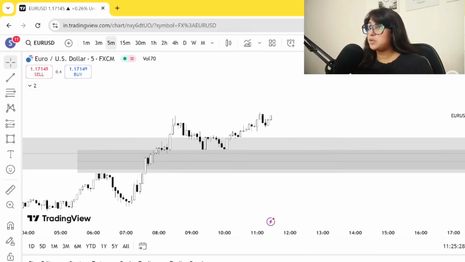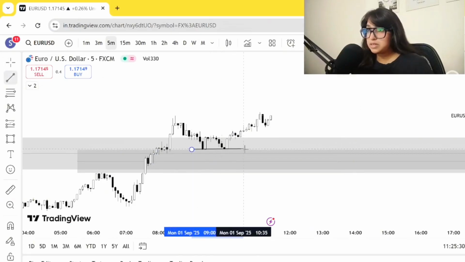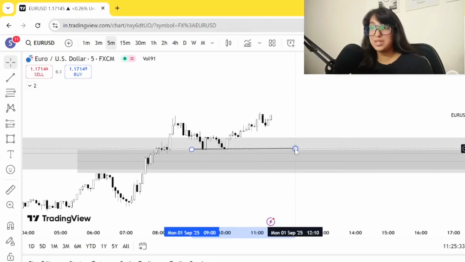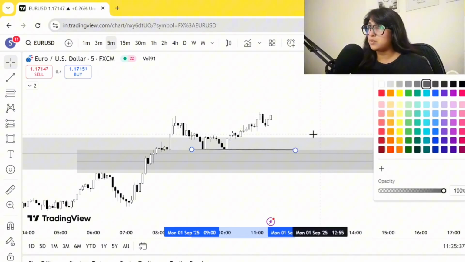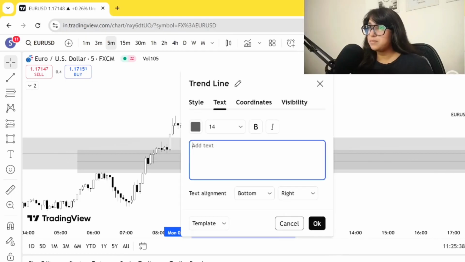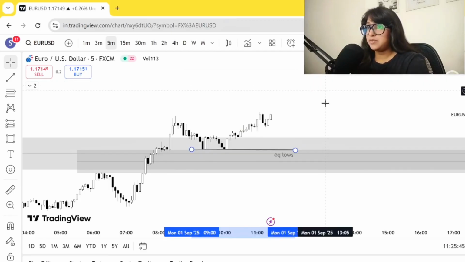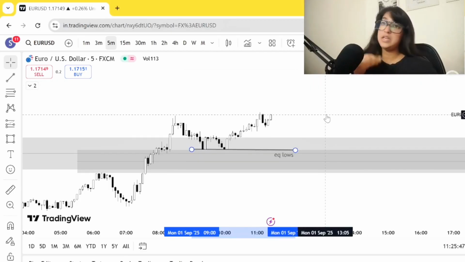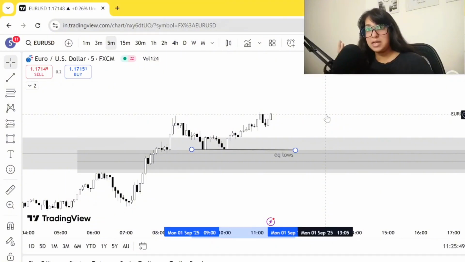Why I said retracement: because these are liquidity zones that are untapped right now. These are the equal highs, I would say, equal, I'm sorry, equal lows right now. As we know, wherever we see equal lows or equal highs, they are important liquidity zones that get tapped every time.